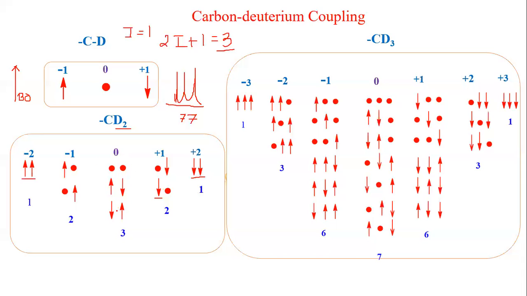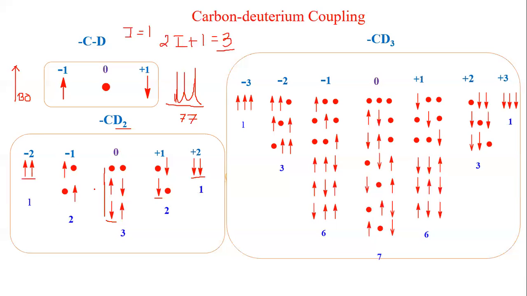Then the 0 spin orientation means one of the deuteriums has spin orientation parallel to the applied magnetic field, while the other will have opposite to the applied magnetic field. There are two such possibilities, while the third possibility is that both the nuclei will have 0 spin orientations. So there are 3 possibilities of 0 spin orientation.